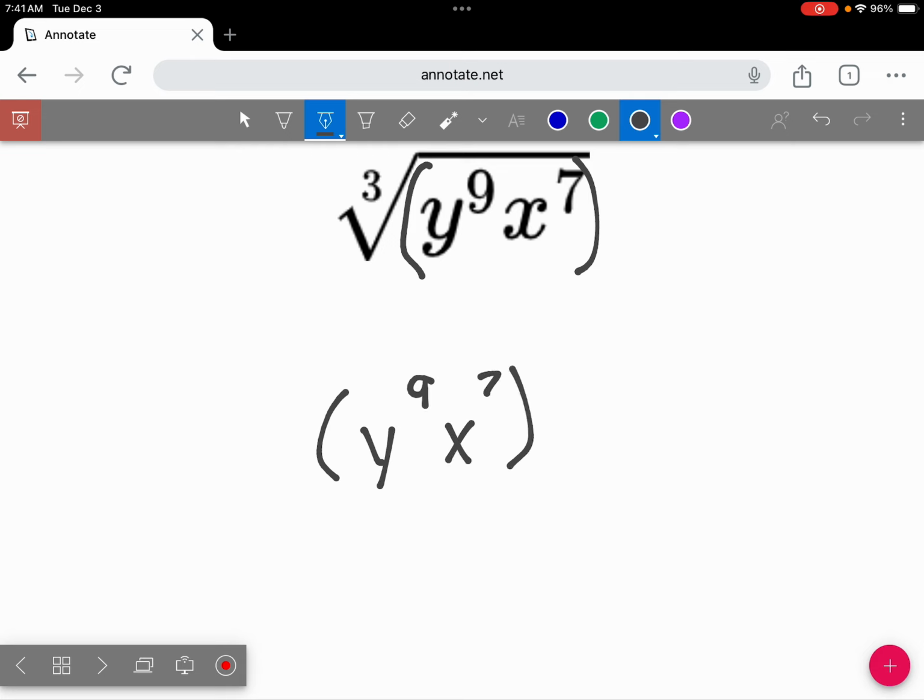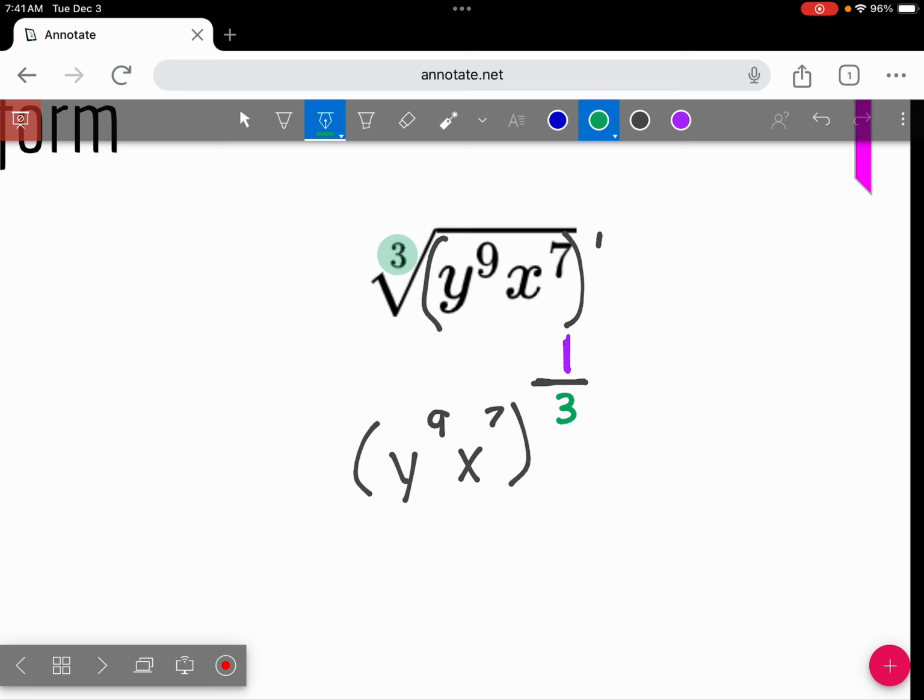So we're going to have our exponent of 1 over our index, which is 3. This group doesn't have an exponent on the outside, so it's kind of got a default of 1, since I'm looking at them as a group. But I don't really want to have them as a group.